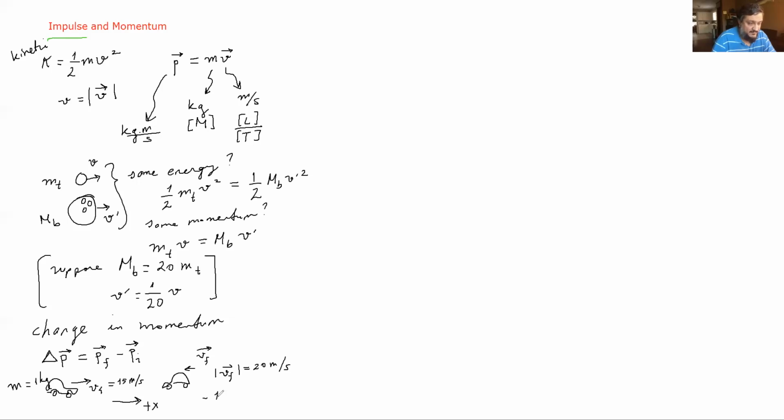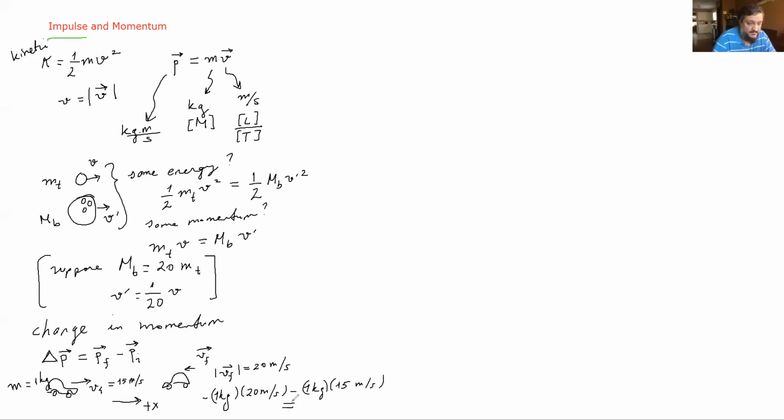So 1 kilogram times negative 20 meters per second, minus, this minus comes from the definition of delta, minus the original momentum or initial momentum, 1 kilogram times 15 meters per second.